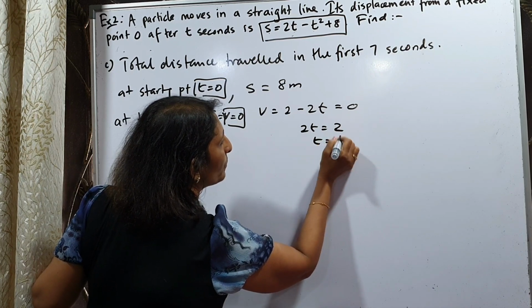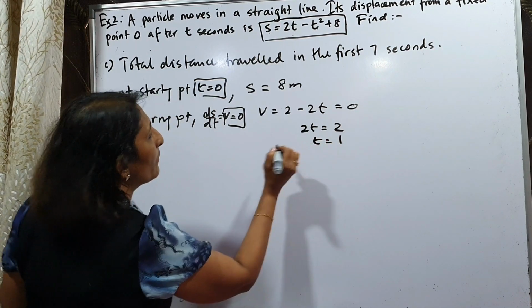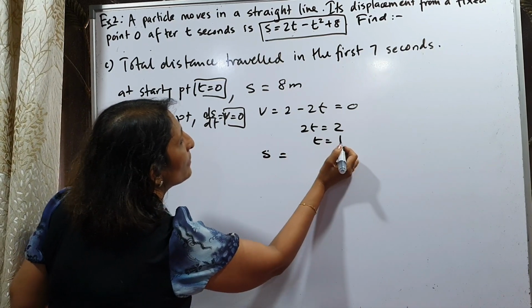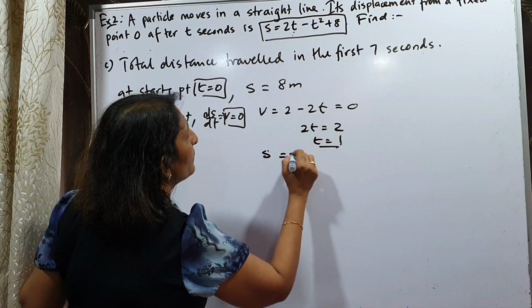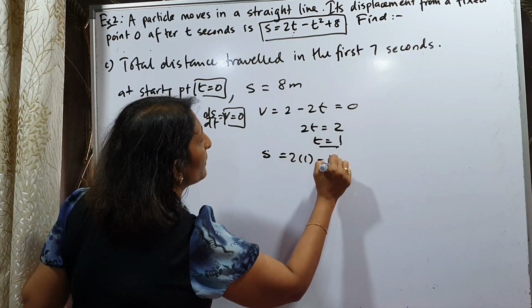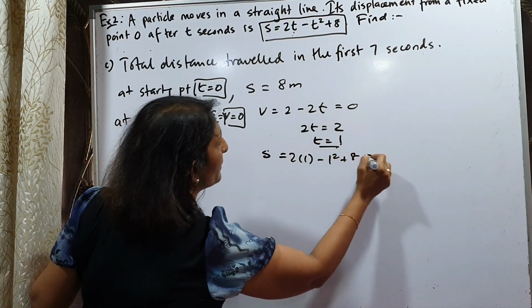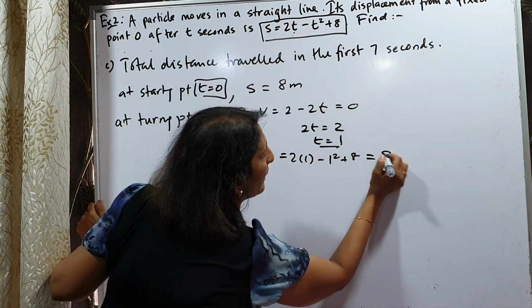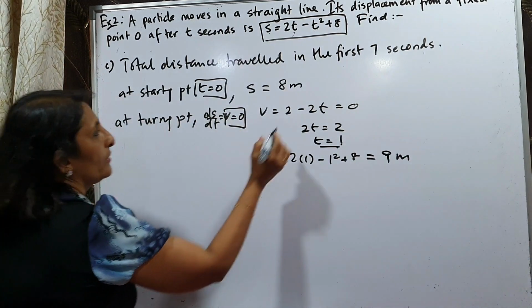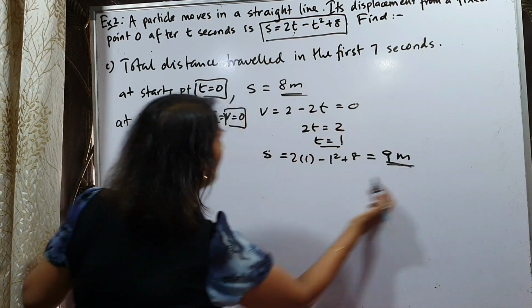So t is equal to 1. But I want s, I don't want t. So I take this t and sub it into here. So we get 2 times 1 minus 1 squared plus 8. And how much is that? 2 minus 1, 9 meters. So we got this S, we got this S, and one more.